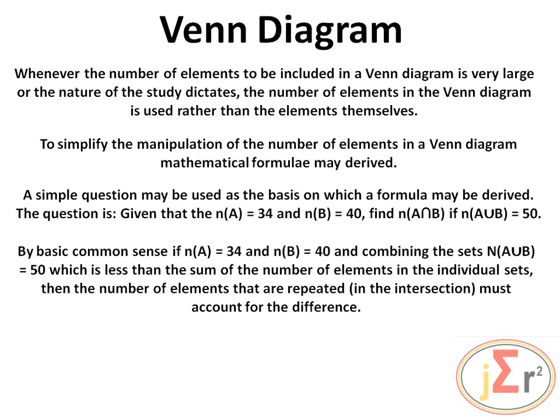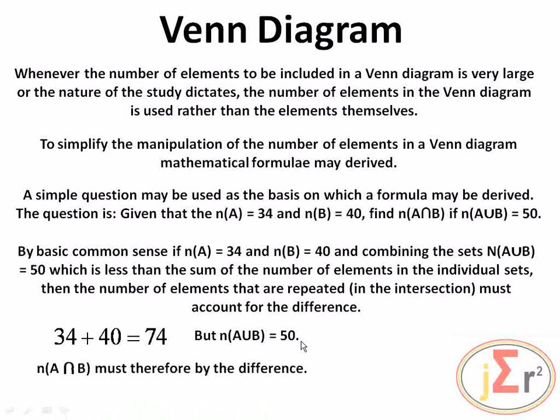So, 34 plus 40 is 74, but n(A union B) is 50. So n(A intersection B) must therefore be the difference. So 74 minus 50 is equal to 24. So we have 24 elements in the intersection of the two sets.